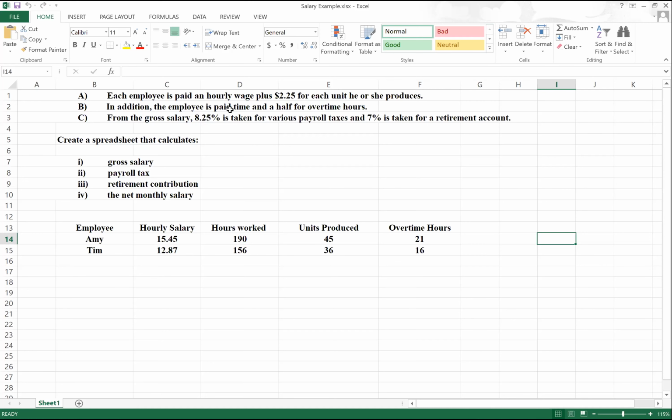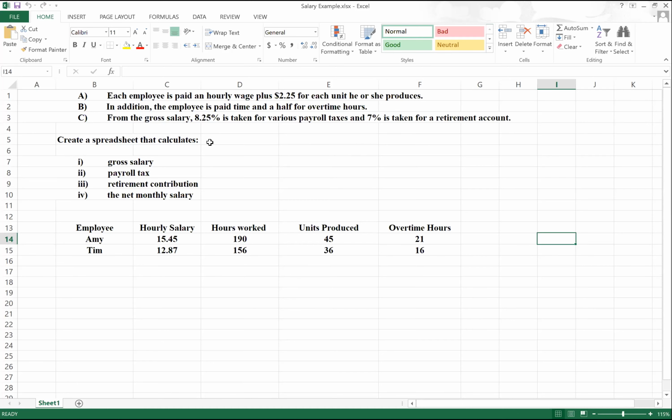In addition, the employees are paid time and a half for overtime. So overtime pay is 1.5 times the regular salary. And from the gross salary, 8.25% is taken for various payroll taxes. So you pay taxes. You also need to contribute towards their retirement account. So 7% is taken for a retirement account.